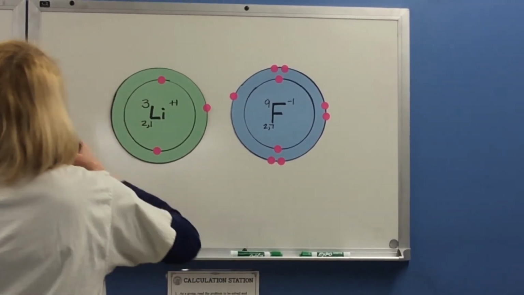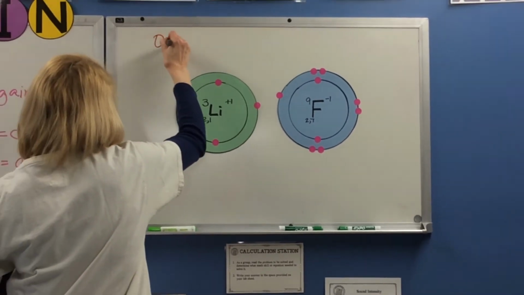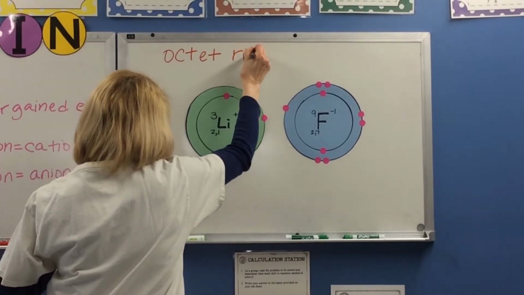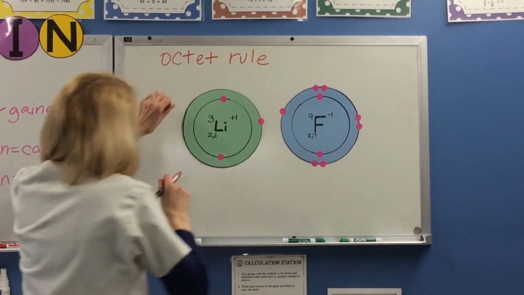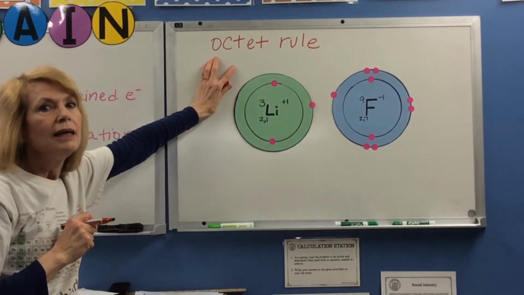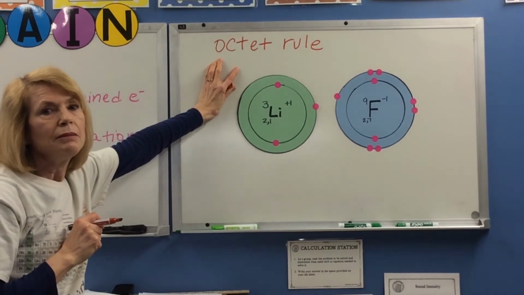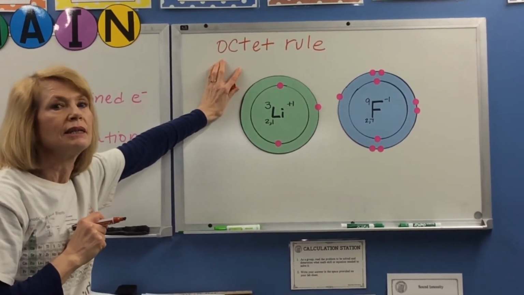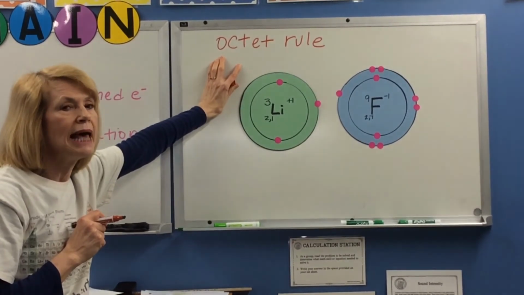So we've talked before about electrons wanting to have a full outer shell. It's something called the octet rule. And you recognize the prefix OCT. Even though October is the 10th month, it means 8, like an octopus or an octagon. OCT means 8.